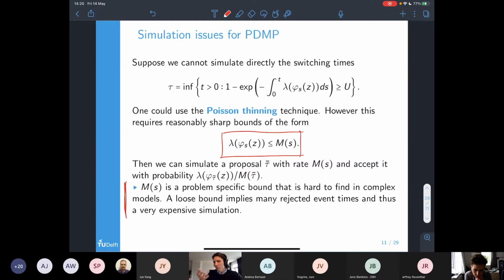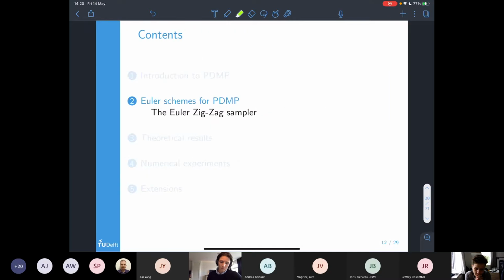Also here, you should assume that m(s) is easily integrable. But maybe you can find a loose bound that's easily integrable. But that's again also a problem because then our acceptance probability would be very small. And this is an issue because you would end up simulating many switching times, many event times that get rejected. And of course, computationally, this is very expensive. So we don't want that.